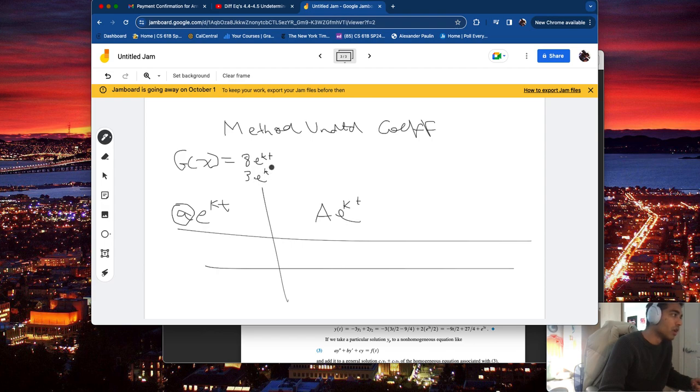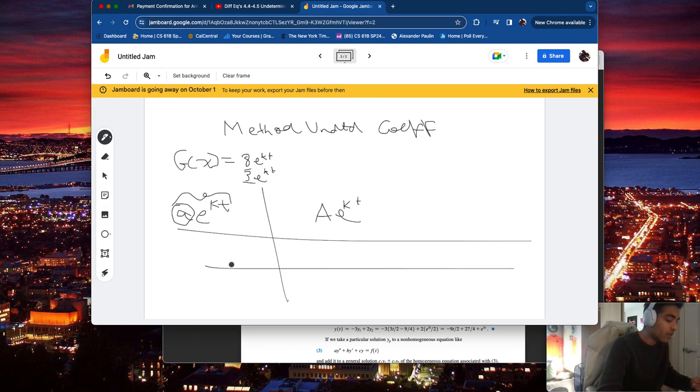Both of these would generalize to fall under this umbrella, because what I'm saying is that a is just any constant ahead of it. So in this case we will use a e raised to k t.